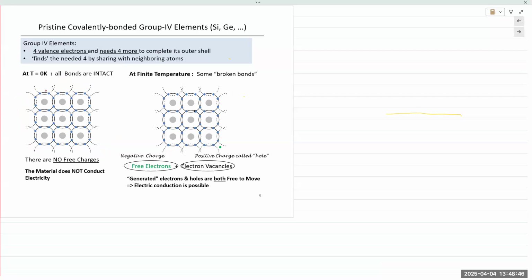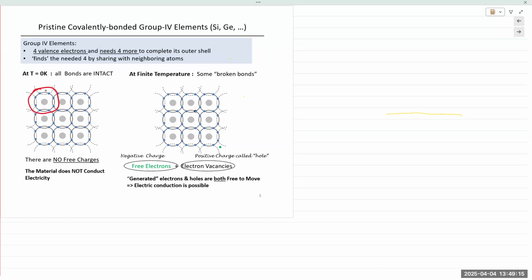So if you take this top left one right here, it has 4 of its own electrons in the valence shell, the outermost orbit, plus it has 4 neighboring atoms that share 1 electron each. So it has 8. Its neighbor also has 8. And so all atoms have 8 electrons. They're all stable. They're bound to the nucleus. There's not enough energy for it to break free.